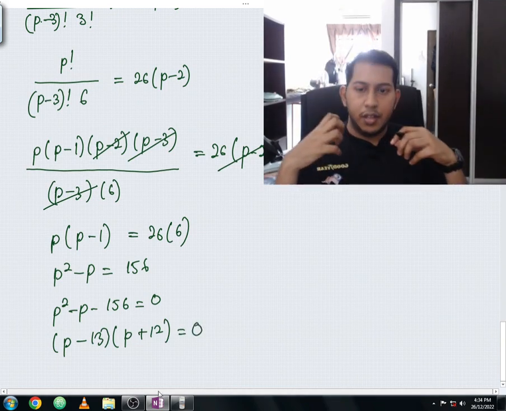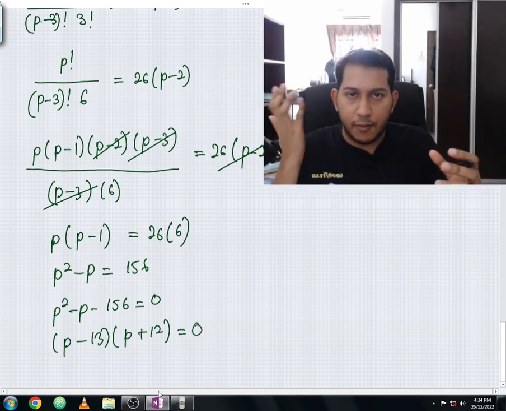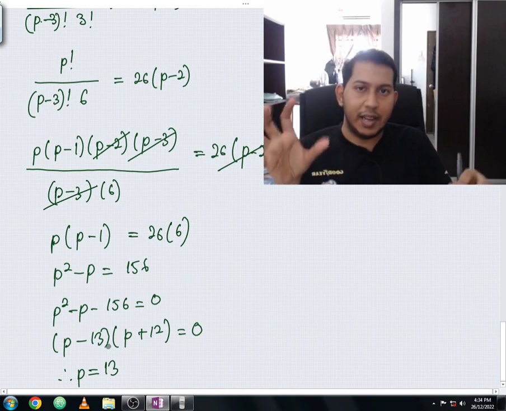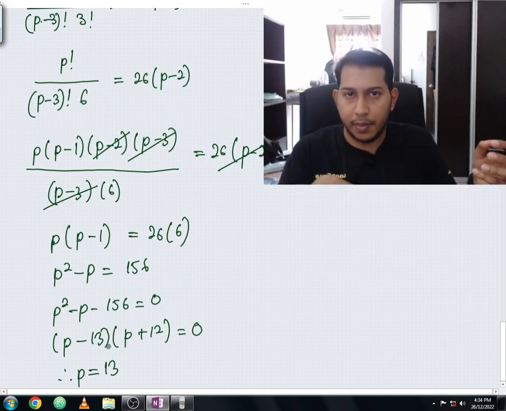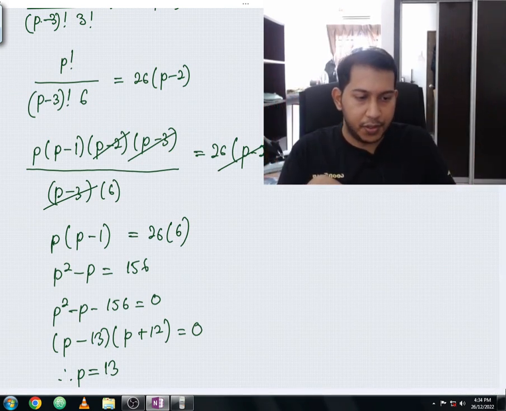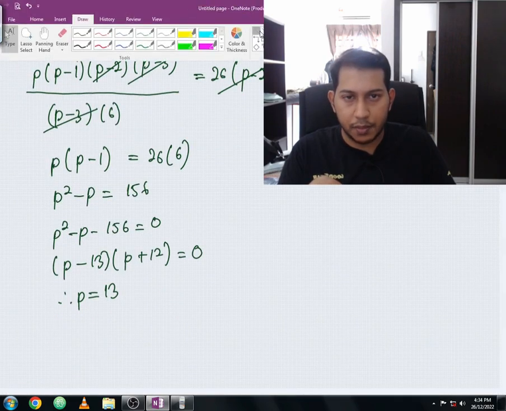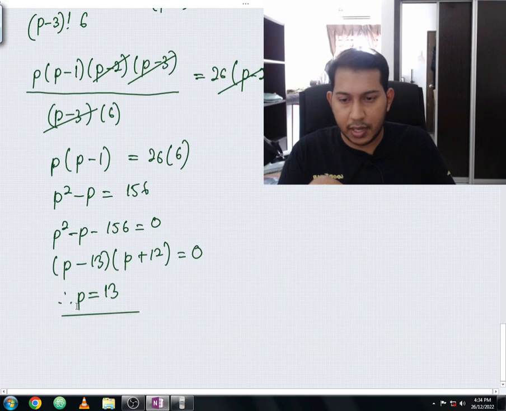Okay, you can have only a positive value, which in this case p equals to 13. You can have 13 colored pencils, not negative 12 colored pencils, right? Okay, so 13 will be your correct answer. So in this case, p is equal to 13 colored pencils.